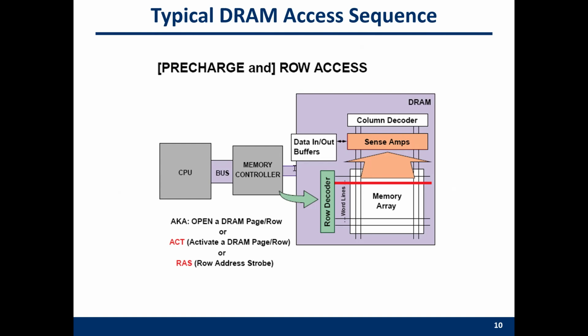And then the memory controller will issue another command, the column command. It specifies which portion of this row you want, maybe this one, maybe this one. You specify the column address, so you can select this part or this part.